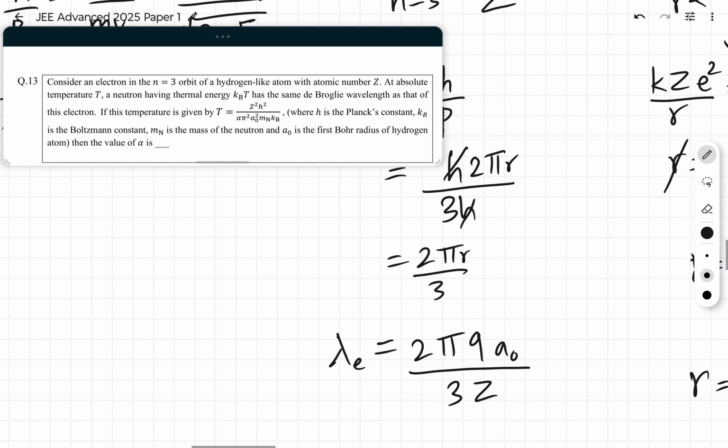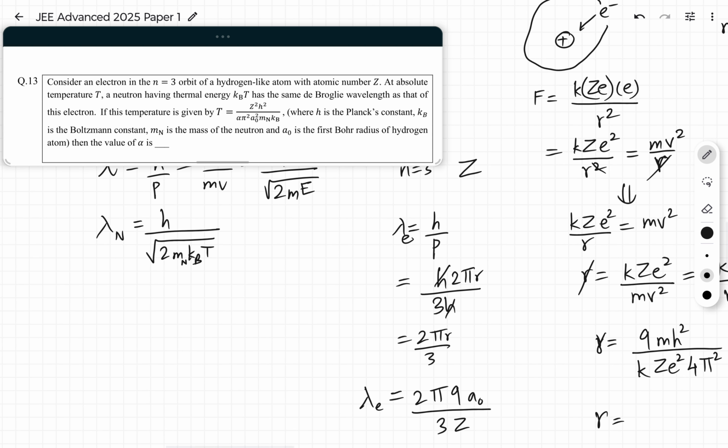This is the mass of the neutron and this is the electron.